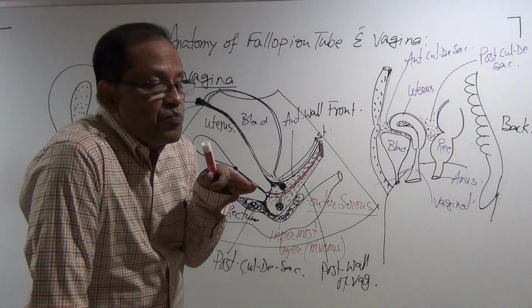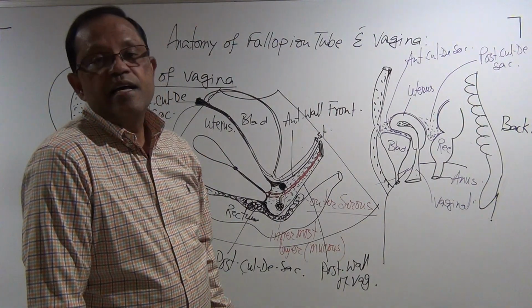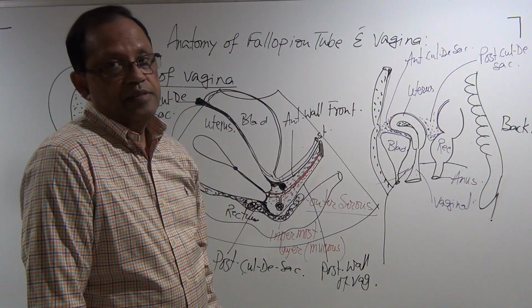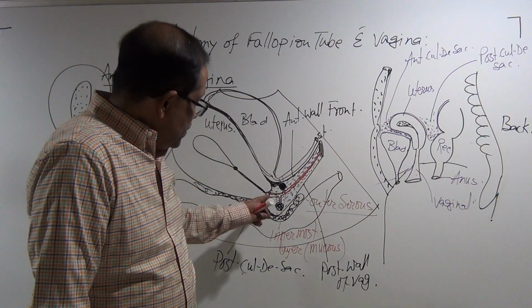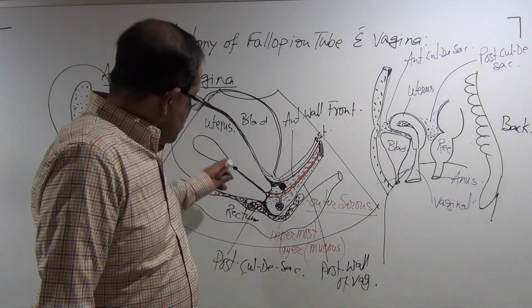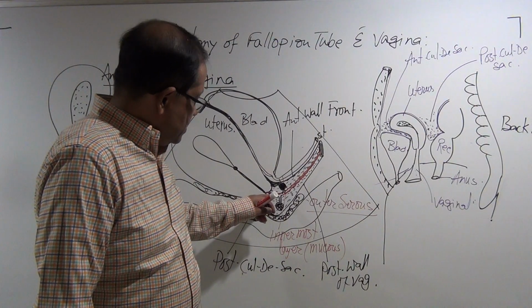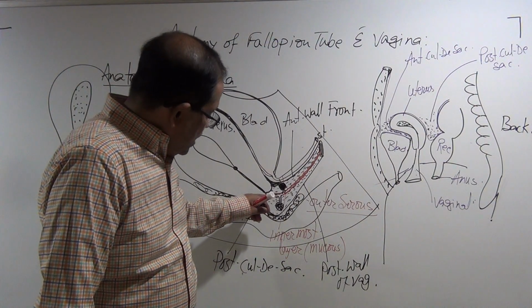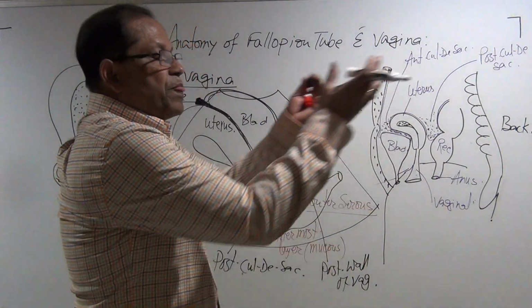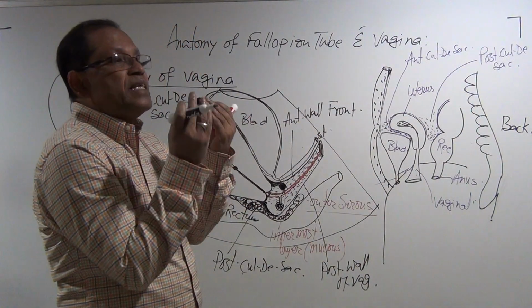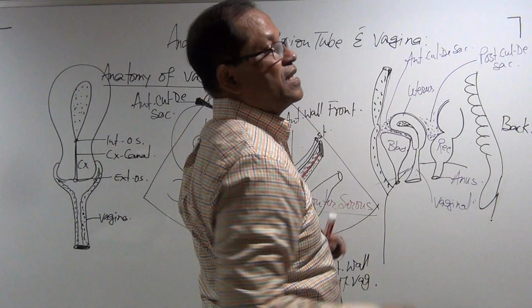The cervix is slightly protruded inside the vagina. Okay, so any discharge from the cervix goes through the external os and into the vagina, and the vagina may collect it or may expel it right away.